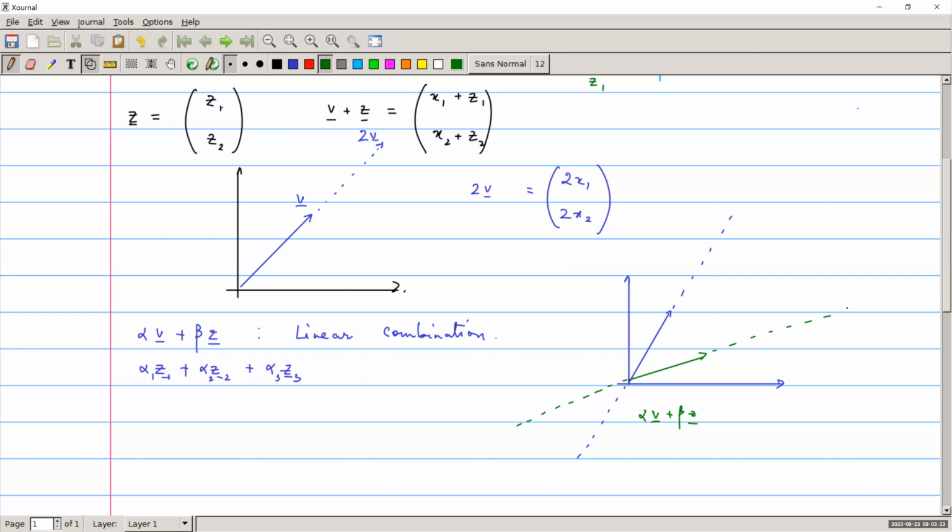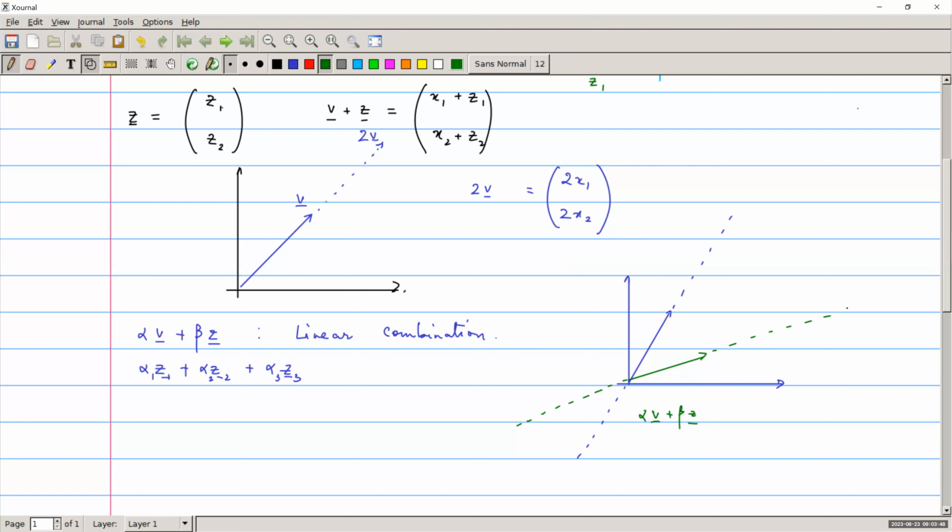If I let only positive values for alpha and set beta equals 0, this part of the line starts from the origin and goes to infinity in the direction of V. And if I let both alpha and beta take only non-negative values, what do I get? Right, you get this region in between these two.